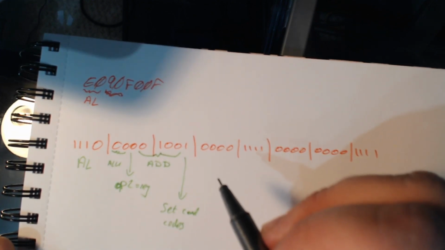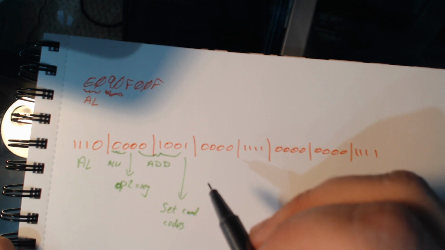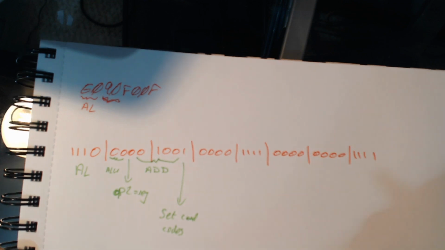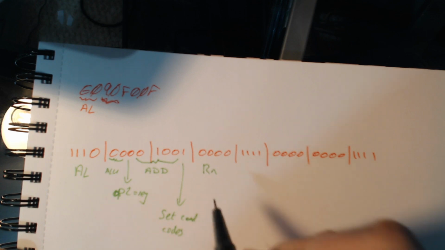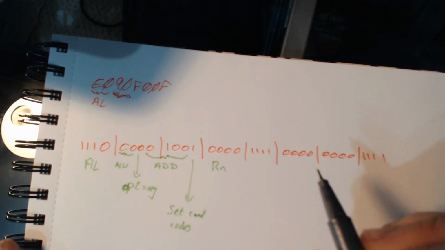I've actually completely ignored that so far. Hopefully that's not the issue. So the first operand register, Rn, is this. Destination register here.